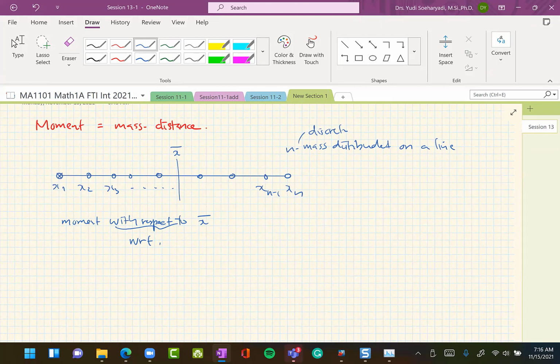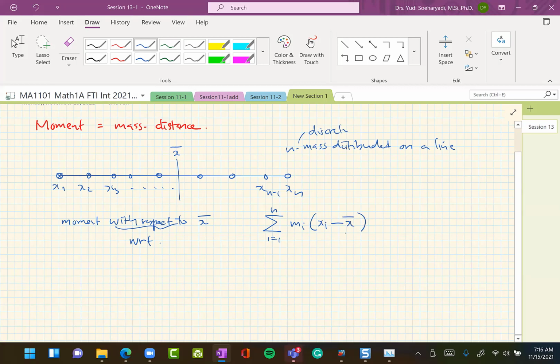So the moment of this mass with respect to x bar is the sum from i equals 1 to n of m_i times the difference, x_i minus x bar.